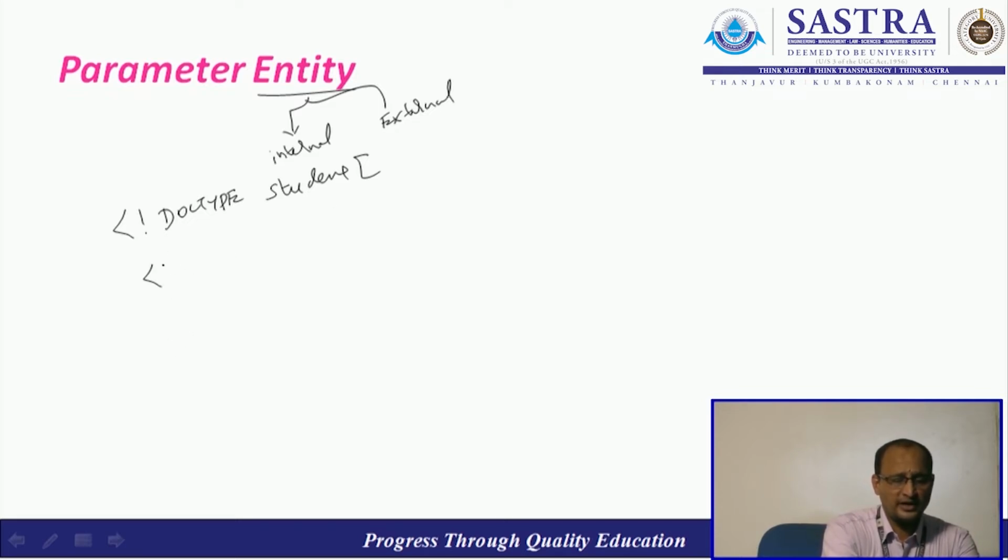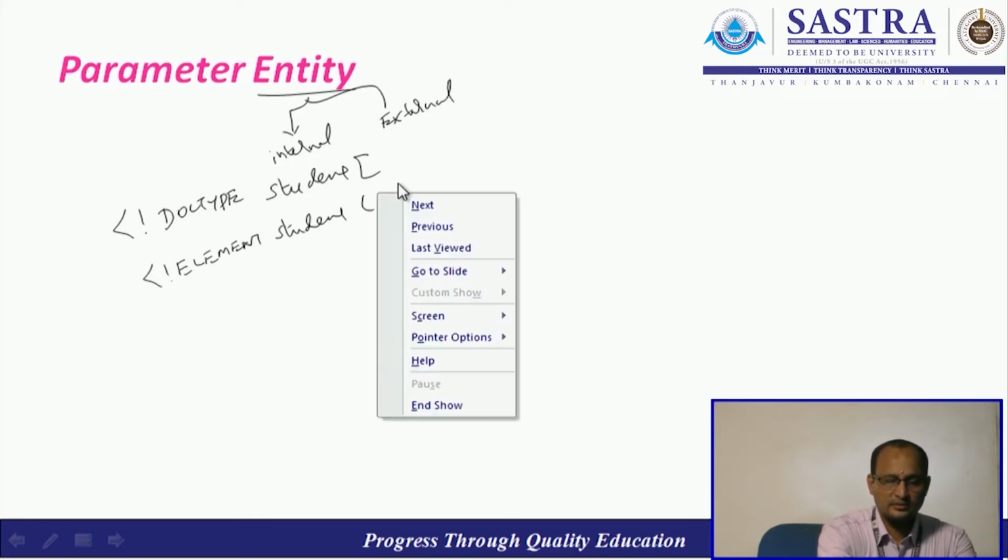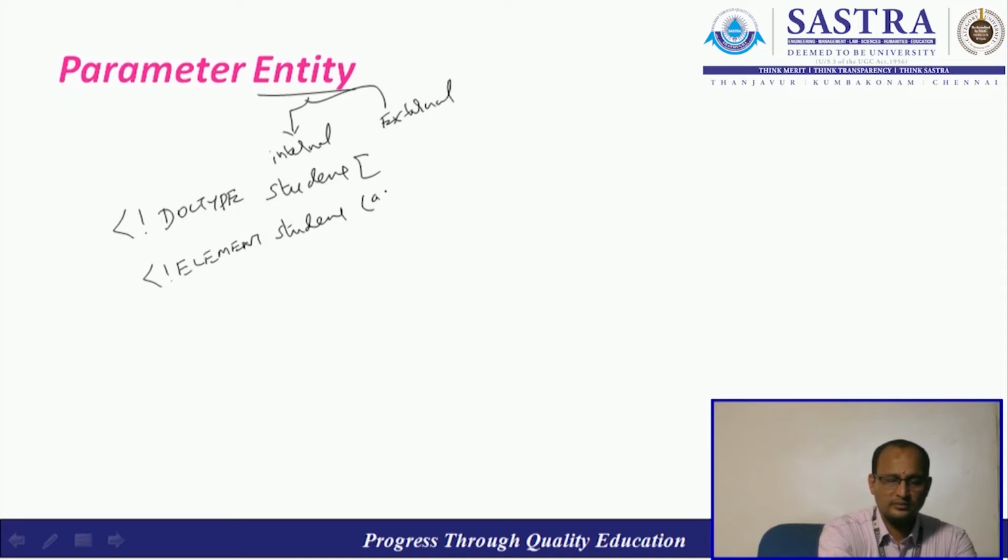If you want to create an element student who has address, this is only one child for student, then we need to define what is student.